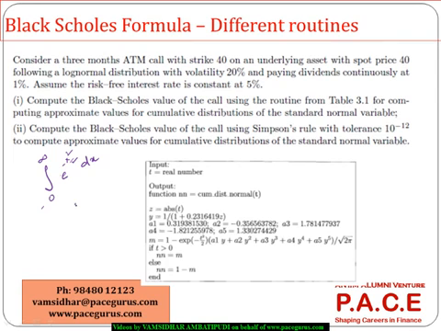So the density function, I know that it is 1 by square root of 2 pi e to the power of minus half x squared. So what I can very well do is find out this e to the power of minus half x squared for each f of the a's and f of the x's.